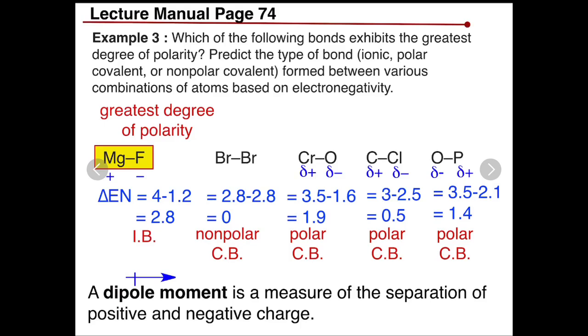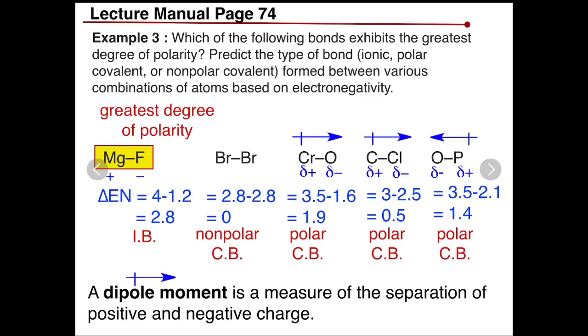For example, between chromium and oxygen, the arrow is going to go toward oxygen. It indicates the electrons are pulled toward oxygen more. Same thing for carbon and chlorine: the head of the arrow will go toward chlorine. For oxygen and phosphorus, since oxygen has the higher EN value, the arrow will go toward oxygen, indicating that is the direction of how electrons are being pulled.